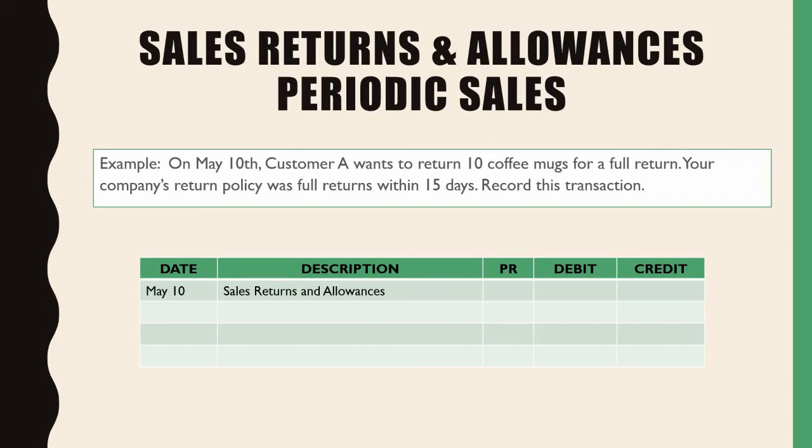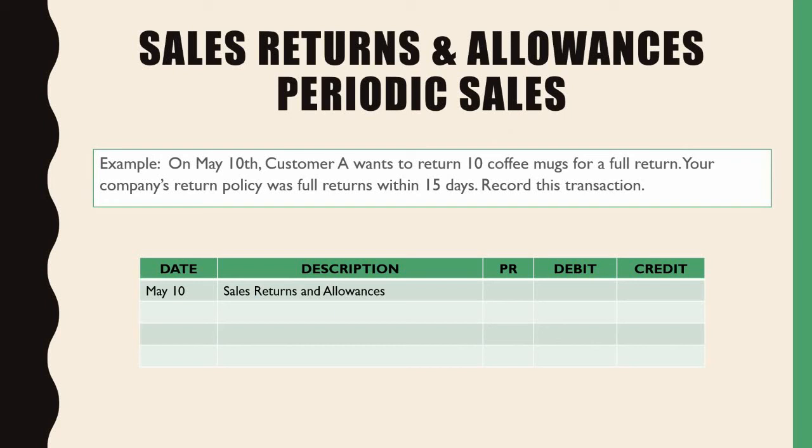So now we need to create a contra account to lower our sales. You can't take sales directly out because it's finite. It's done and it's been calculated, and it's over with. So you have to create a contra account in order to decrease the sales that you've incurred previously.